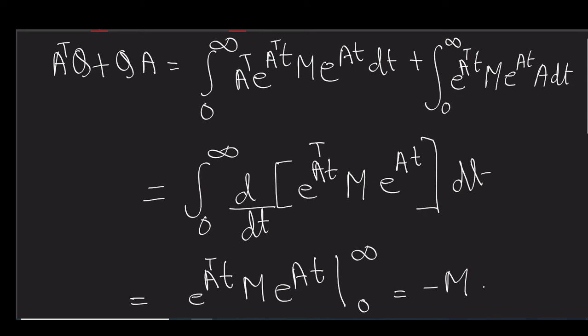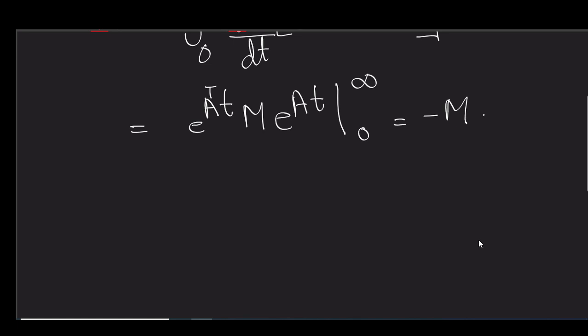If you consider 11 is true, then this Q can be written this way and again in this way. Then further you can sum it up into this form, right? And that gives you something that is less than or equal to minus M. Therefore definitely we can say that A transpose Q plus QA is negative definite.